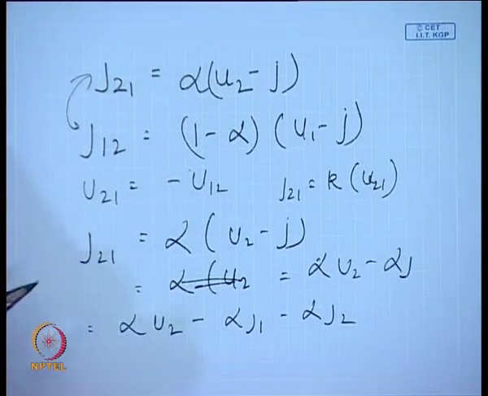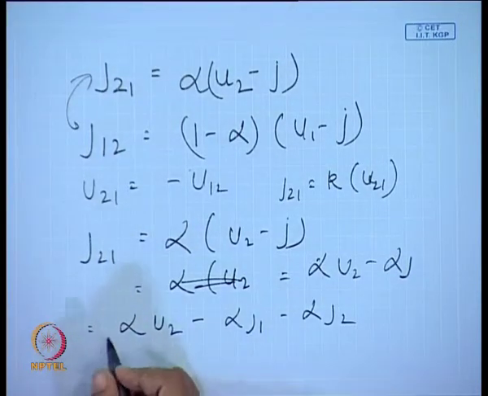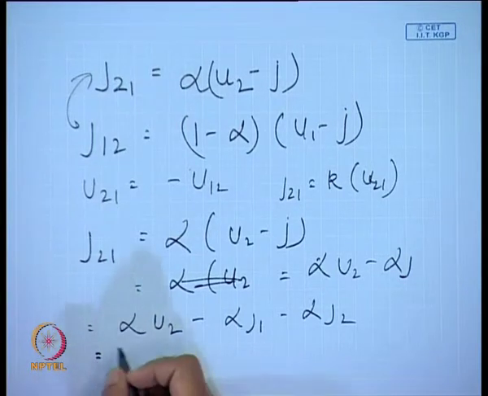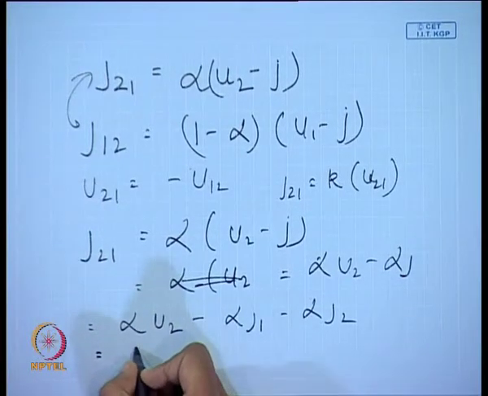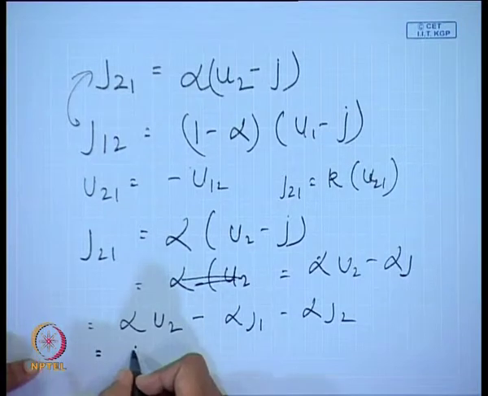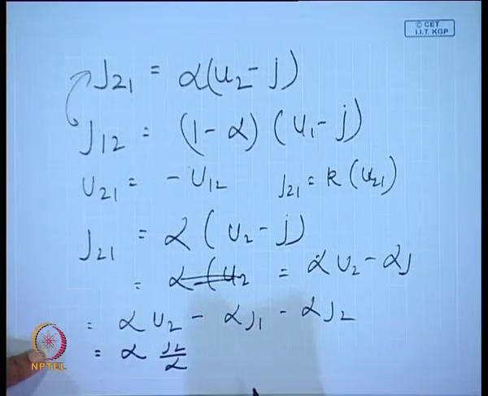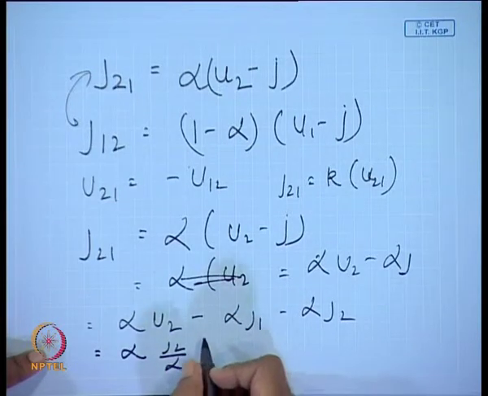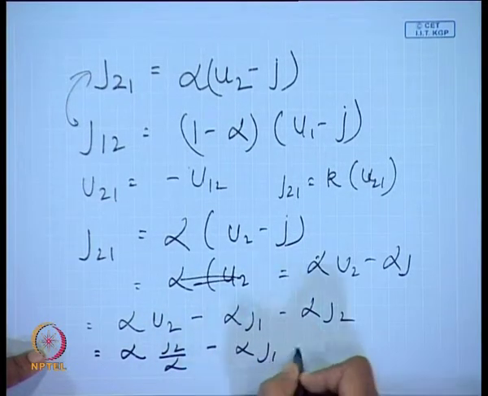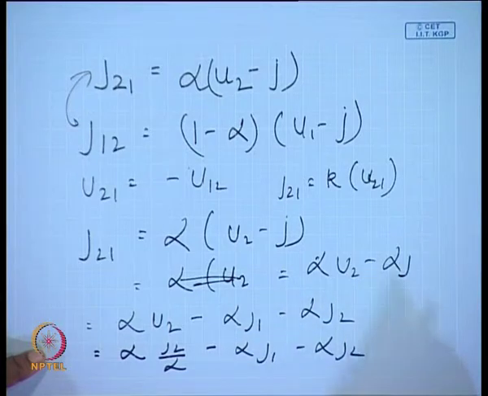Okay. So, therefore, with this alpha u2, this can be written down as alpha into j2 by alpha, isn't it, minus alpha j1 minus alpha j2. Okay.